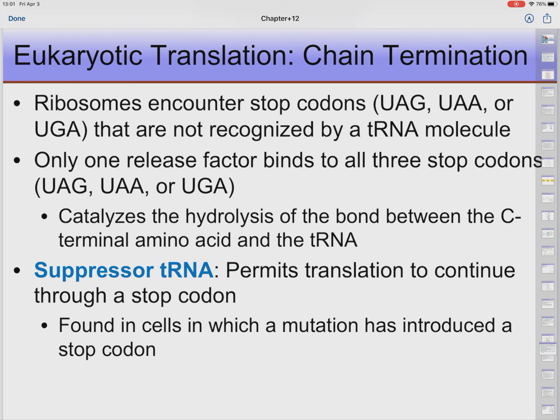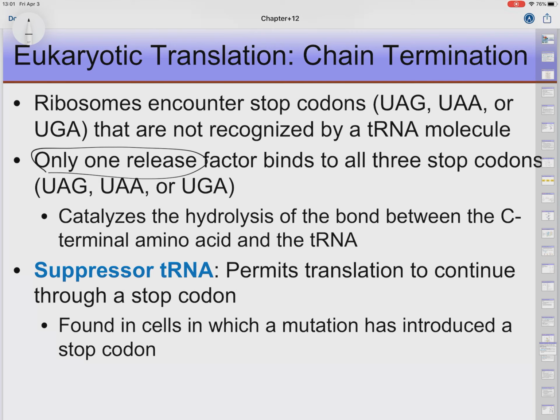Different from the prokaryote version, we only have one release factor, and it recognizes all 3, as opposed to, what was it, release factor 1 recognizes 2 codons, release factor 2 recognizes the other 2 codons, or 2 different codons, or one same codon and then a different codon, you know what I mean, and then release factor 3 didn't bind any of the codons. And then it also, in this case, catalyzes the hydrolysis between the amino acid and the tRNA.